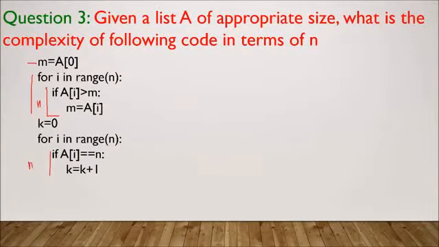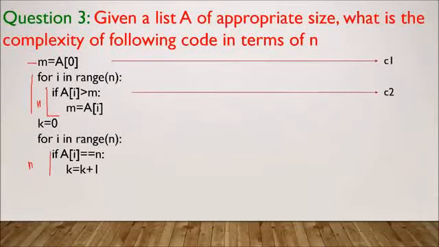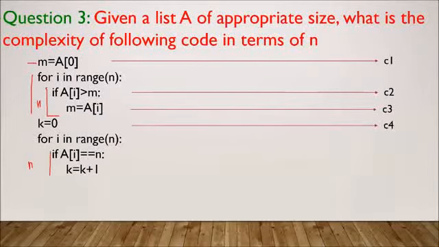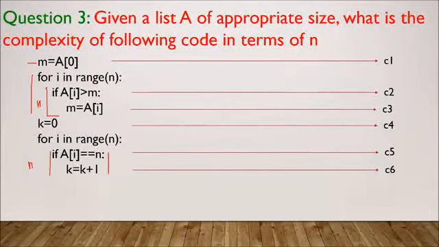So we start with the first statement. This will take C1, then the second and third statements inside the first for loop. These two statements will be multiplied by n, plus C4, plus the second for loop, C5 plus C6, multiplied by n.